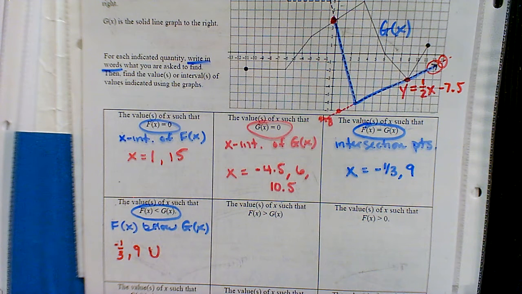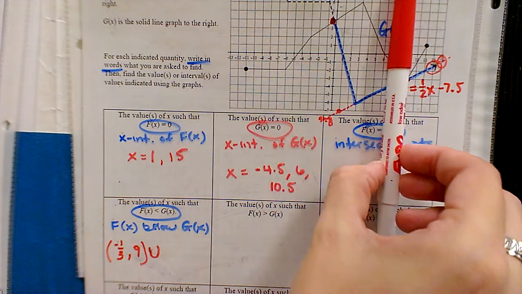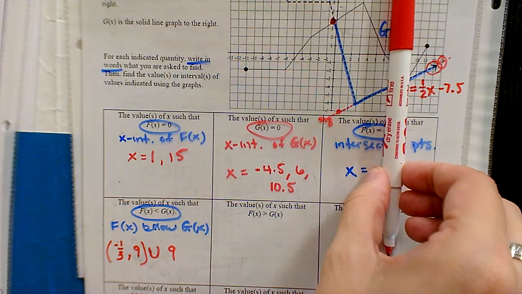But we are trying to figure out where is the dotted graph strictly below the solid graph. Okay, not where they are the same or touching each other. So both of these would happen to be parentheses. If we keep dragging our pencil though, we're going to pick up again at that 9 intersection point.